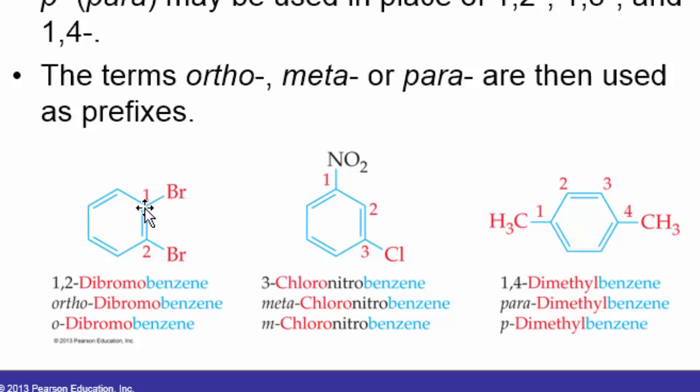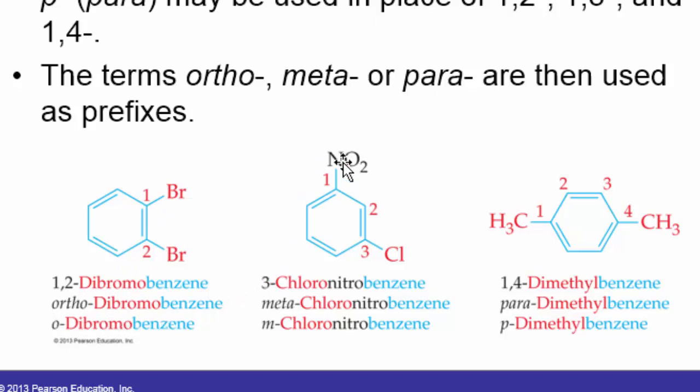But what is the relationship between them? Position 2 is ortho to 1 and 1 is ortho to 2. So instead of putting 1,2, we put ortho-dibromobenzene, or simply o.